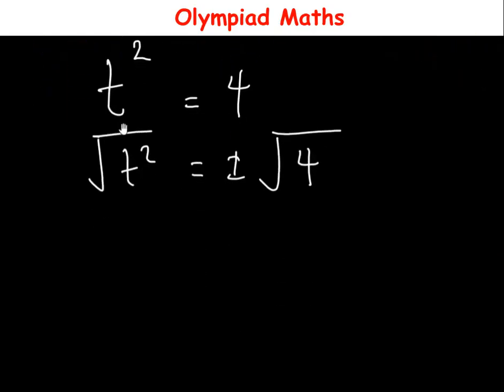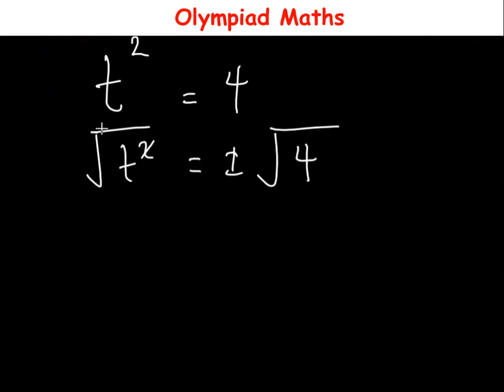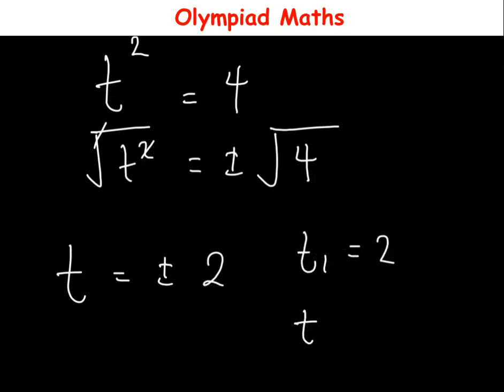From here, we cancel the square root, and the value of t is equal to plus or minus square root of 4, which is 2. This shows that the value of t1 is equal to plus 2 and the value of t2 is equal to minus 2. So these are the two solutions for the value of t.